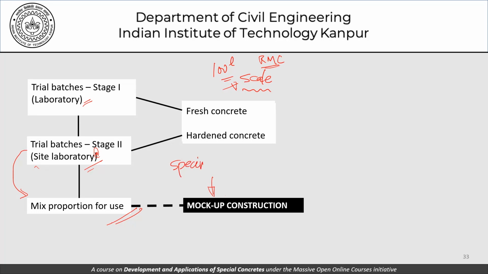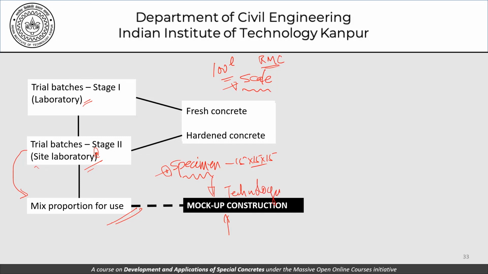A specimen to me is a 15 by 15 centimeter cube or a small beam, much smaller in scale. A mock-up is not to real scale, of course, but something slightly bigger than specimens. It will be much smaller than the real construction, but it gives you an opportunity to test some of the technology which is used.